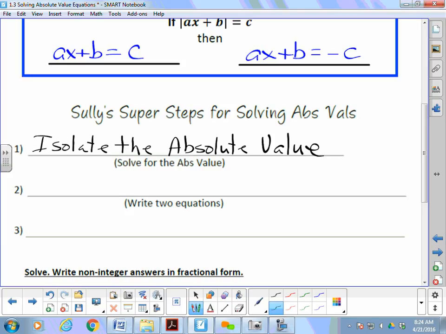And anything that's outside of that on the same side of the equal sign or inequality sign, we're going to move to the other side first. Okay. Then we're going to write two equations. All right, so it's either going to be equal to the positive or equal to the negative. All right, so we'll be using these two equations then.